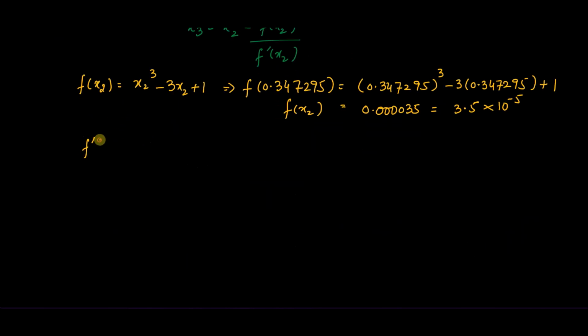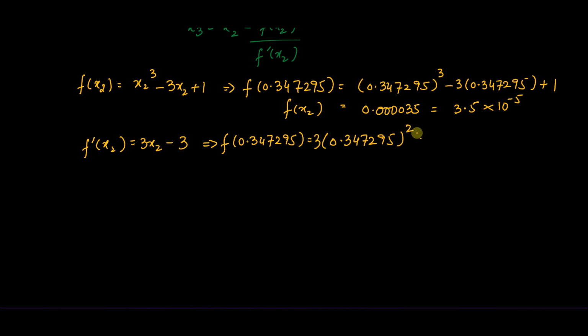Then we substitute in the derivative, so it should be 3x2 squared minus 3, that is 3 times 0.347295 squared and negative of 3.